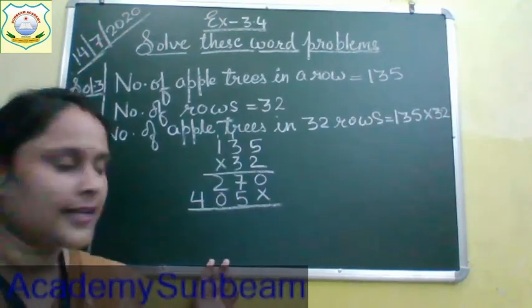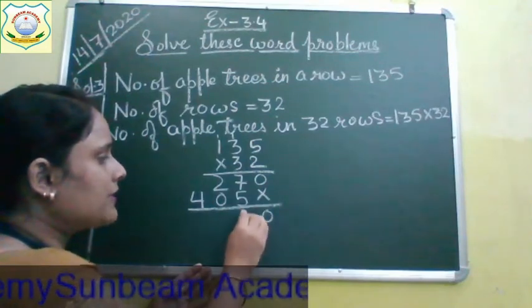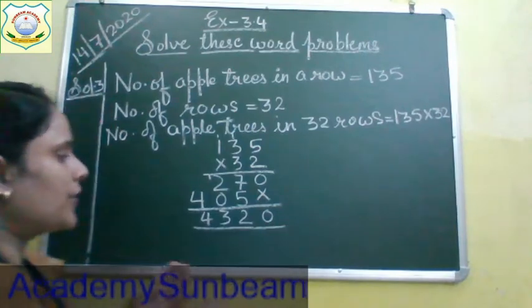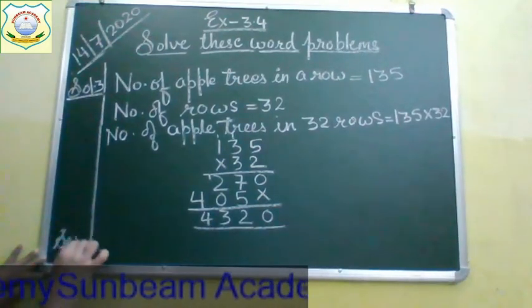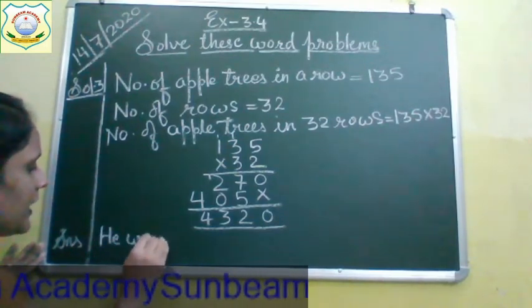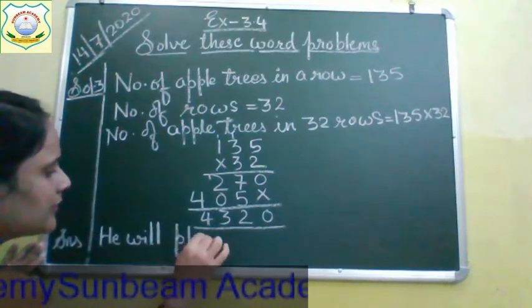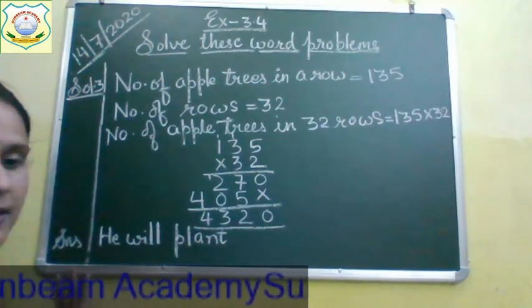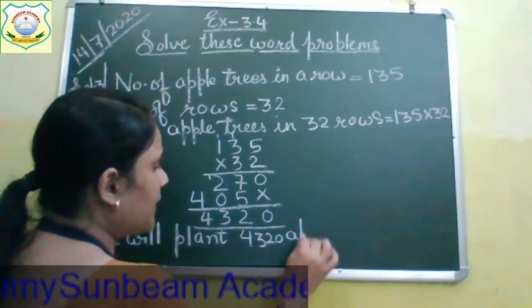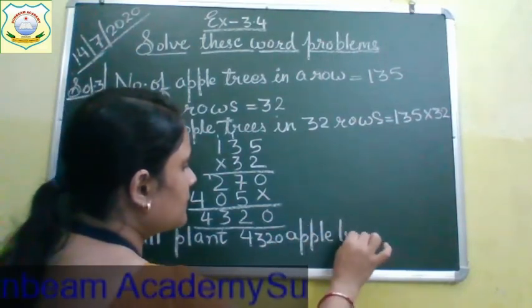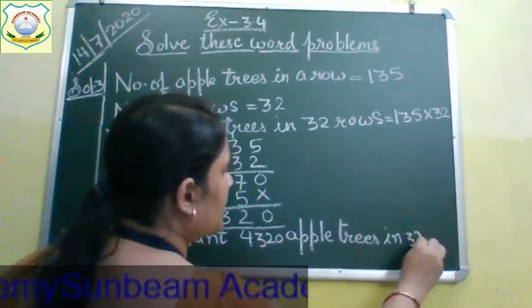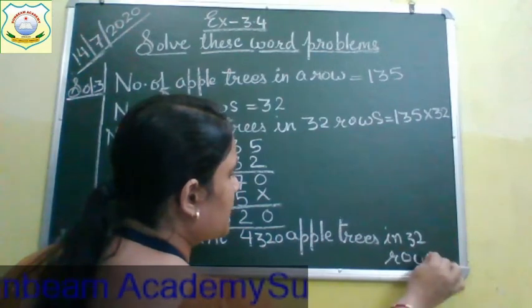So our answer is 0. 7 plus 5, 12. 2 plus 1, 3, 4. So your answer is: he will plant 4,320 apple trees in 32 rows.